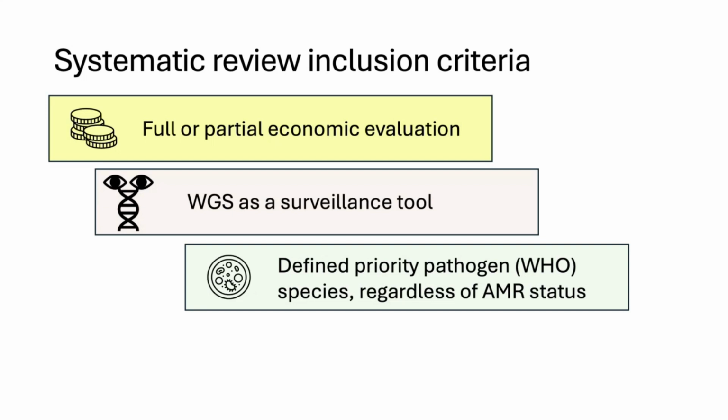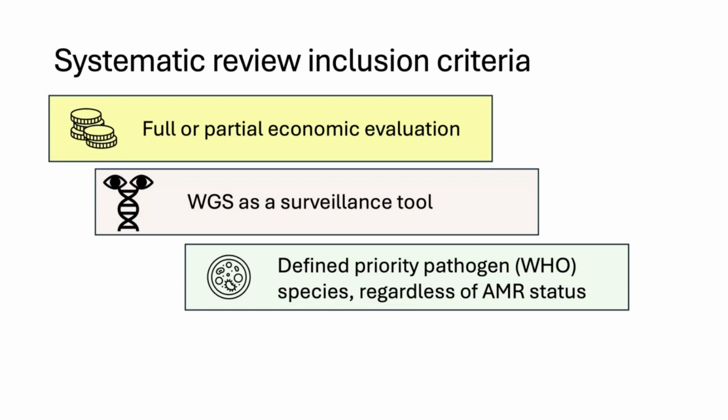And the reason for that was that I was interested in how this would apply to AMR, even if the particular pathogen wasn't resistant, by which I mean considering, for example, Enterobacterales, regardless of whether they were resistant or not, in terms of how that would work, what would the sequencing costs look like?